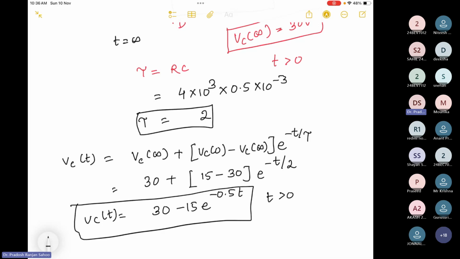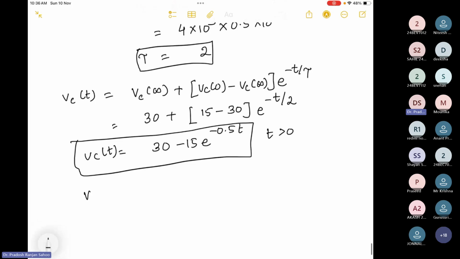So now the second question they asked: what is voltage across capacitor when t equal to 1 second? Just instead of t, I'll put 1 here in 0.5 times t, so I'll get the value 20.9 volt.